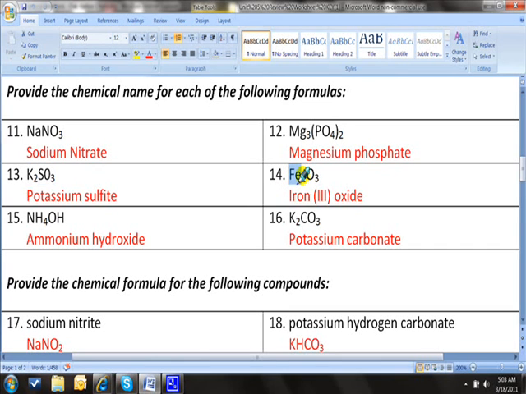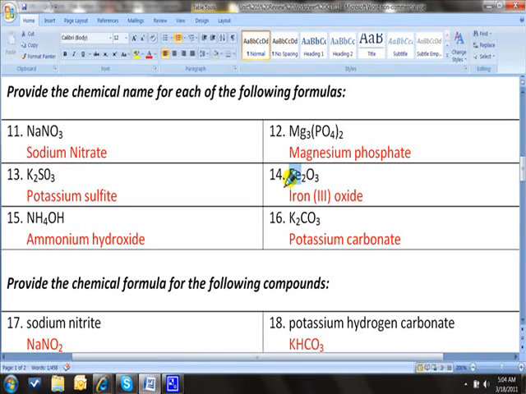Now remember, if you see a metal and it's a transition metal, you have to figure out what the charge is most of the time and indicate that charge with a Roman numeral in the name. So don't forget that. Remember, oxygen is -2 in charge. So if we have 3 of them, that means that right here we have a charge of -6.